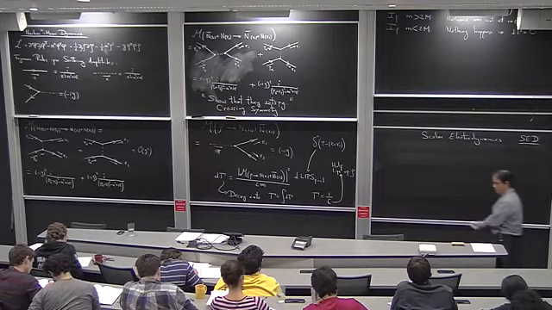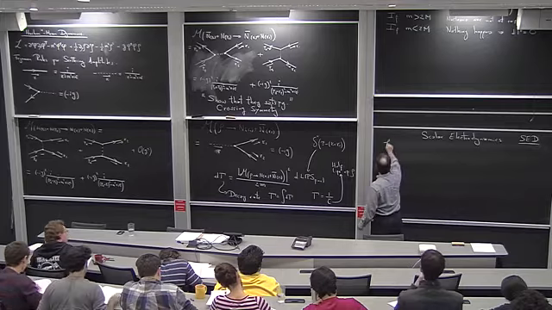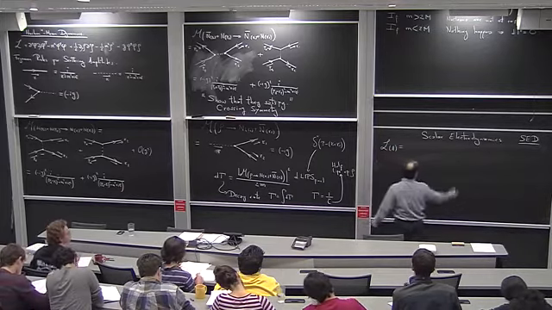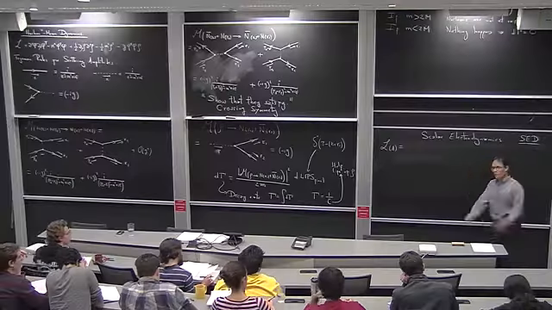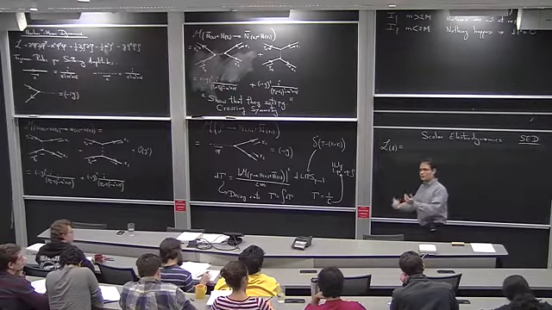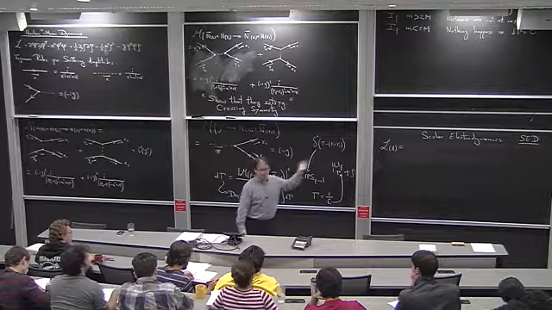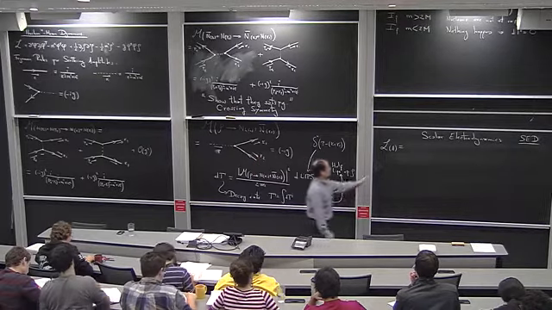Good. So what do we do? Well, we start out with our Lagrangian. As you see from the name, what are the fields that we're going to try to put together? A scalar field and our Maxwell field, right?